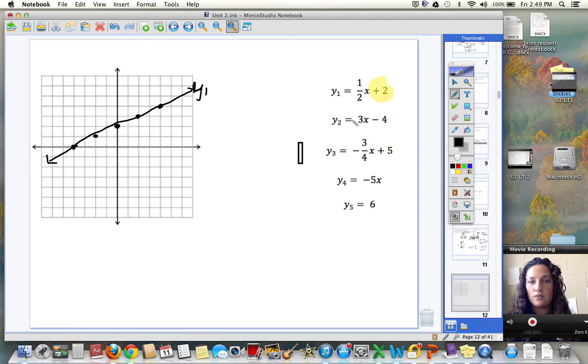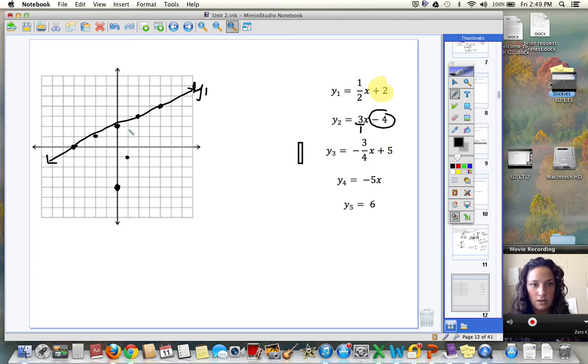So now I look over here at y2. y2 equals 3x minus 4. So I'm going to start with that minus 4. That minus tells me to go down 4. 1, 2, 3, 4. Plot my point. I'm used to it being rise over run, so I can just put this over 1. 3 divided by 1 is still 3. So that tells me that I need to go up 3. 1, 2, 3, and over 1.